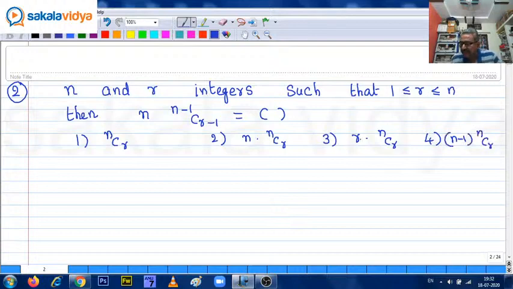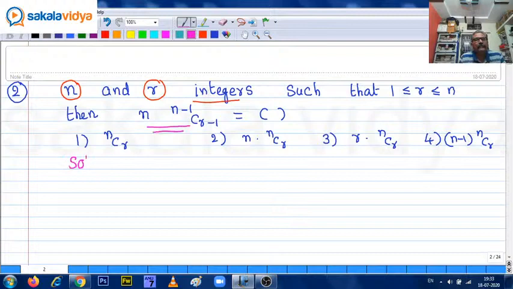This is the question. N and R are integers such that R lies between 1 and N, that means R is from the natural numbers. N times N minus 1 CR minus 1 we need to find out.